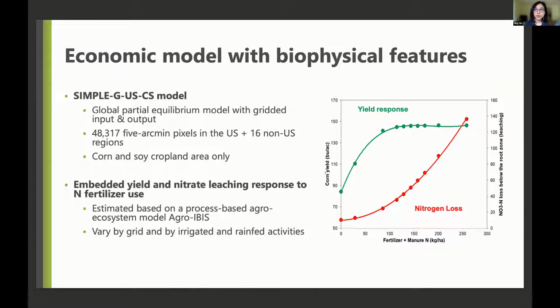So we focus on only two crops, but they're aggregated into a crop composite. The whole US is downscaled into more than 48,000 grid cells with a resolution of 5 arc minutes. That's a pixel of about 10 kilometers by 10 kilometers at the equator, and in the Corn Belt maybe a smaller 8 by 8 kilometers.